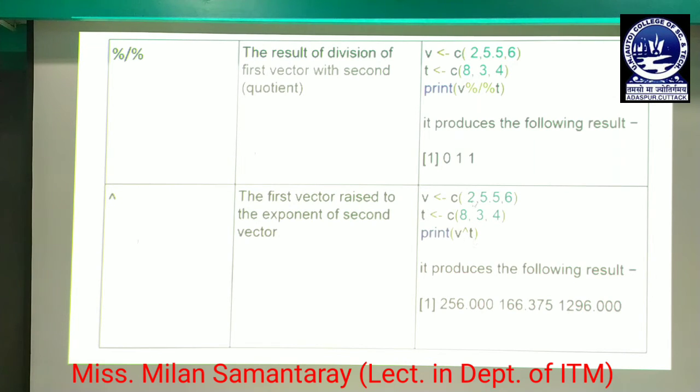That means it will display the values as 2 to the power 8, 5.5 to the power 3 and 6 to the power 4. So, whatever result it calculates, it will display in the output window. So, this is the operation performed by the exponent operator, and the symbol is like this.